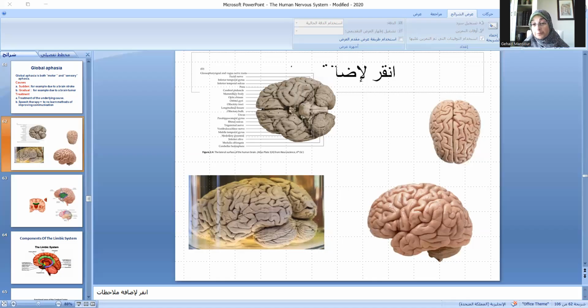Here you can see the corpus callosum. This is a section, of course, of the corpus callosum that connects the two cerebral hemispheres together. This green area above the corpus callosum is one of the gyri of the brain. It's called the cingulate gyrus. And then here, this purple part is called the hippocampus.